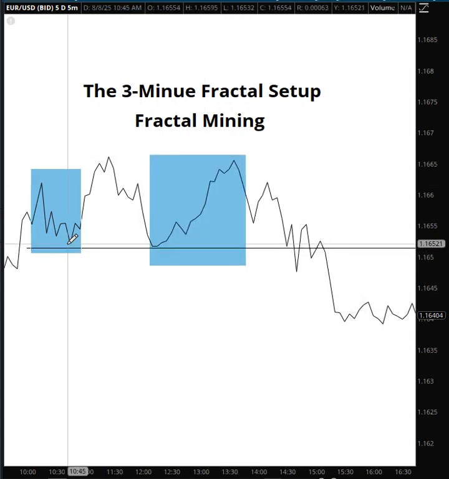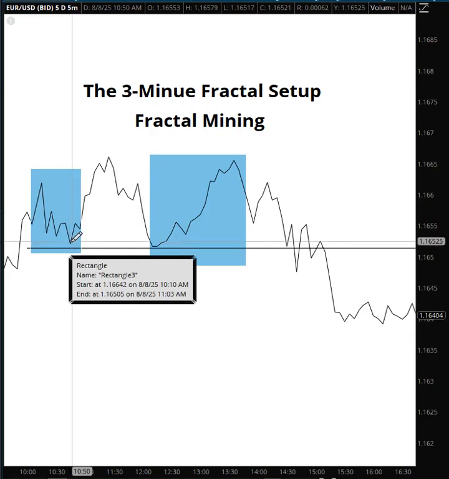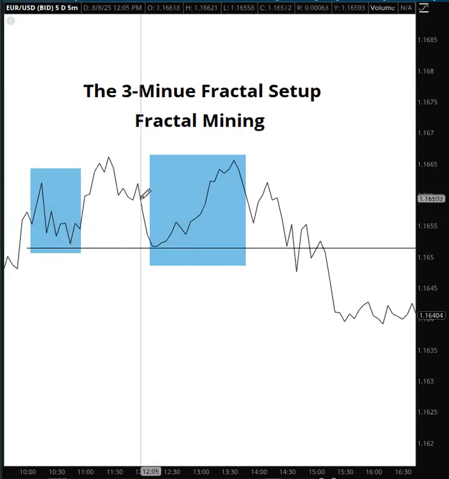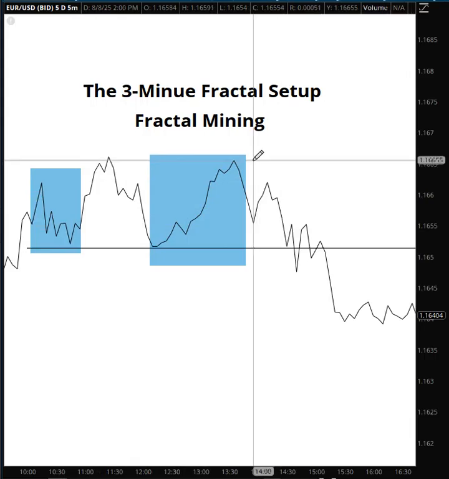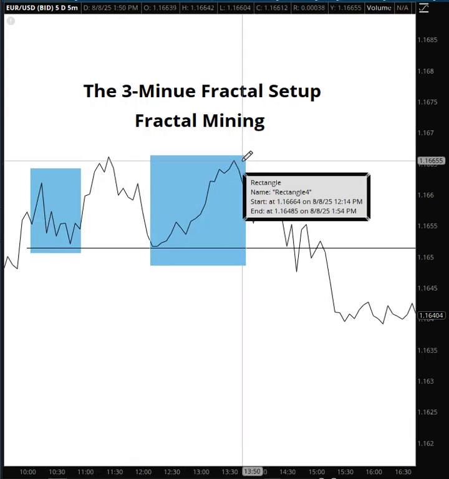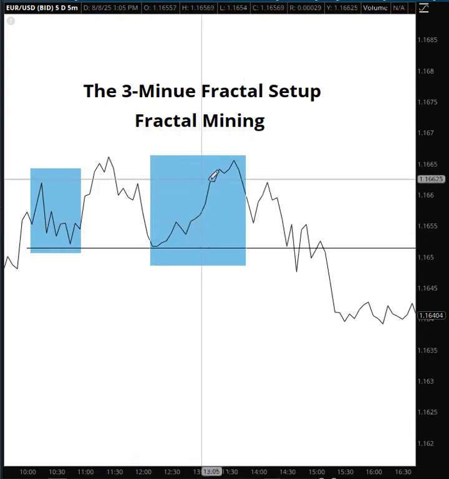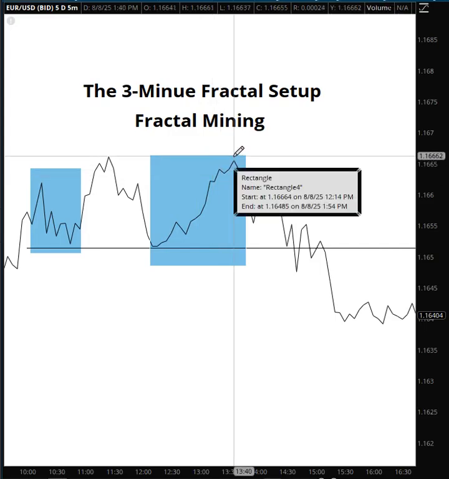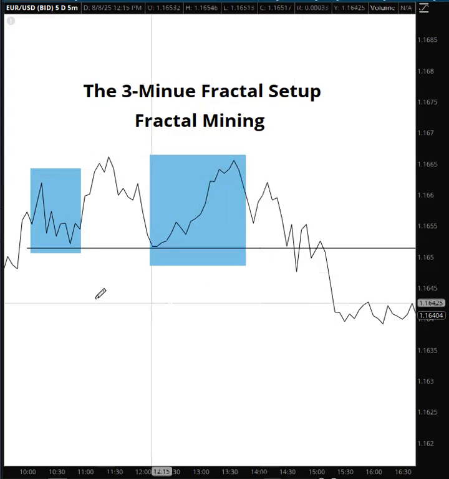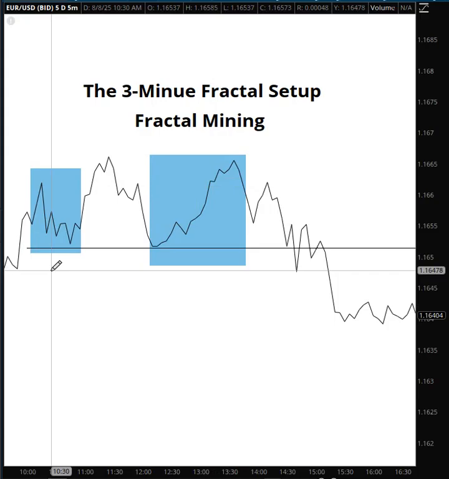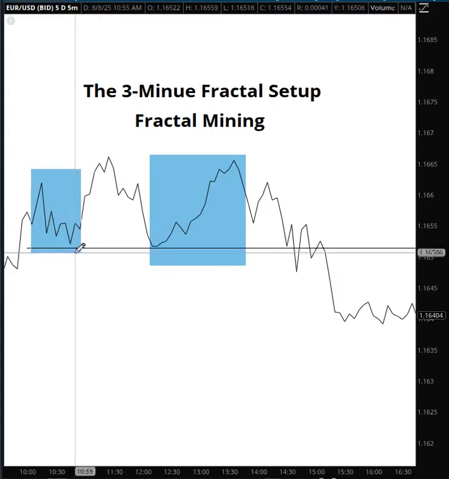So if you went along here, we have to wait for another fractal to find the top, and this is it here, all right? A, B, C, D, E, F, G, all right? Here is A, B, C, D, E, all right? So we have an E here, and we have a G here.